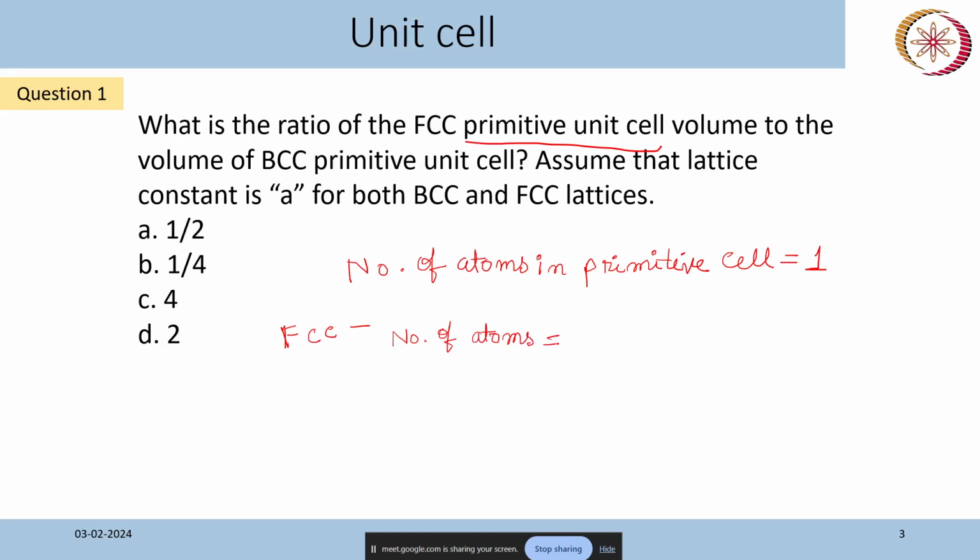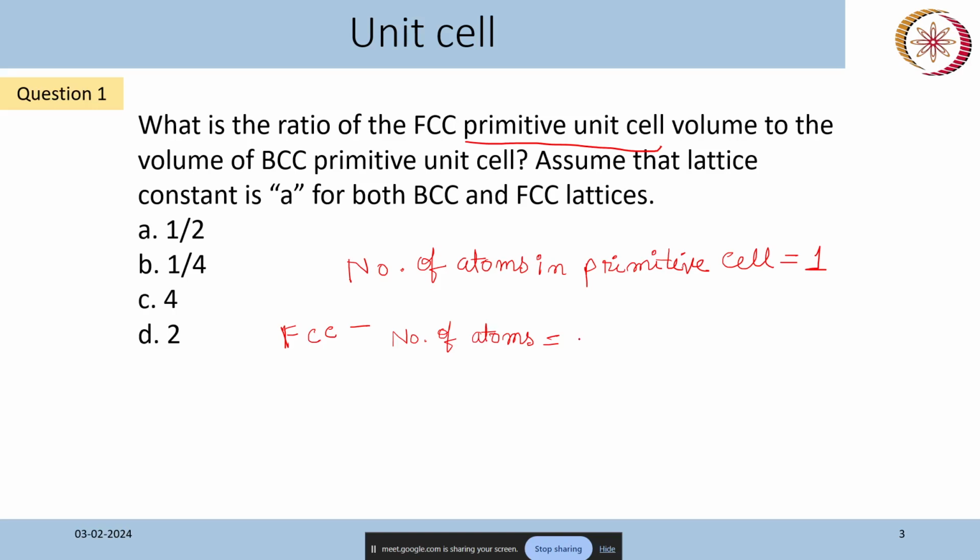How many atoms will be there in the FCC unit cell? This was discussed in the last session also. Can someone tell me the number? Two, ma'am.